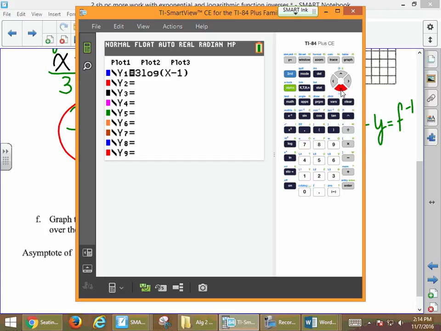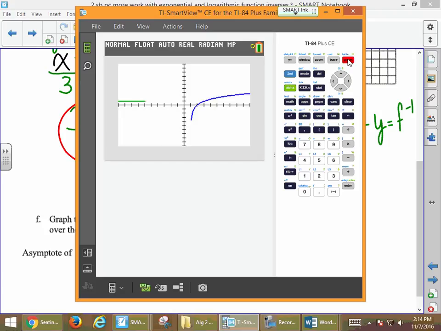That way it'll match the colors. We have 10 to the x over 3 plus the 1, and we can graph. So there's our picture.